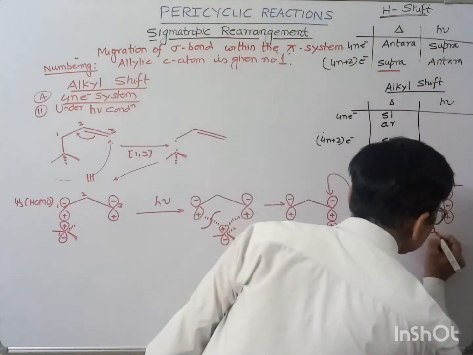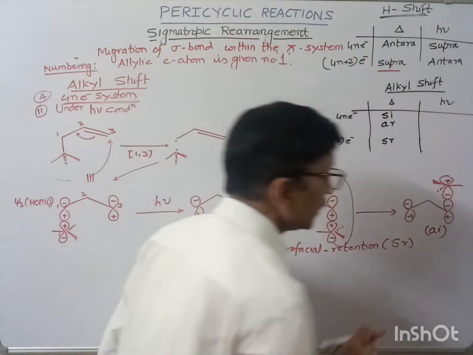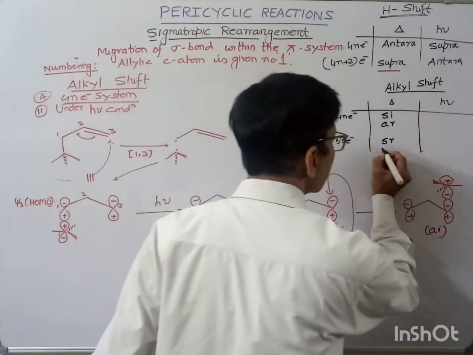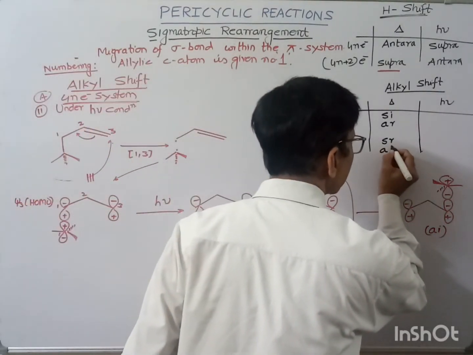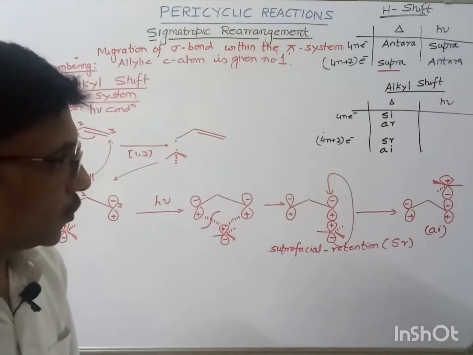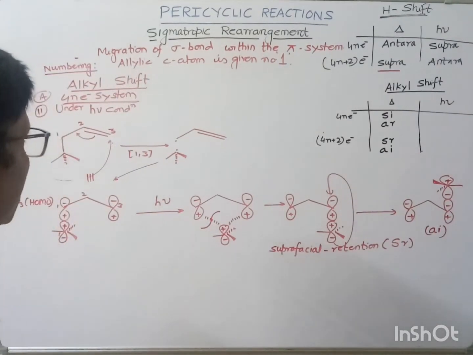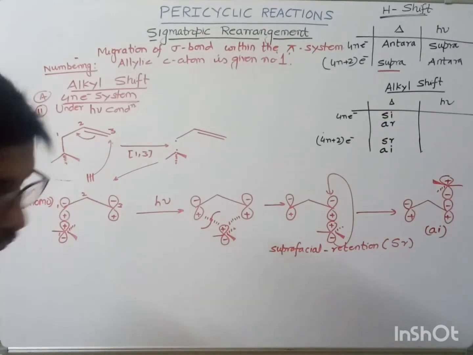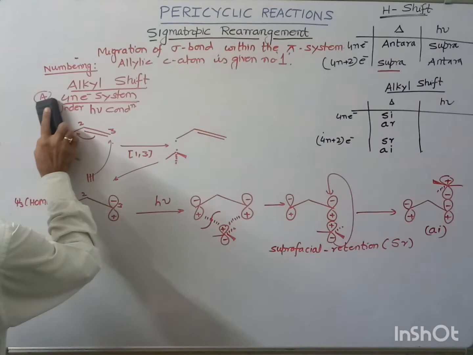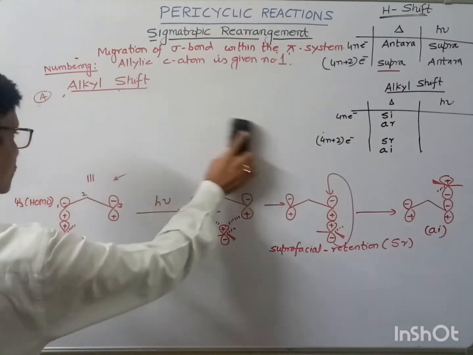So if antarafacial interactions occur, then inversion of configuration takes place. Okay, so this is what I have proved for the 4n electron system. Now let us see the 4n plus 2 electron system.